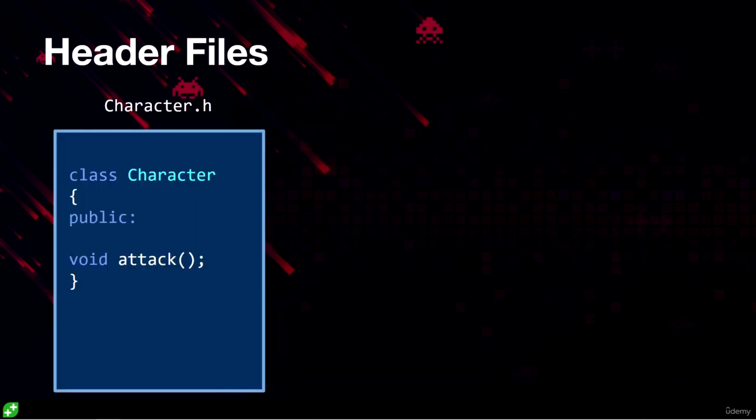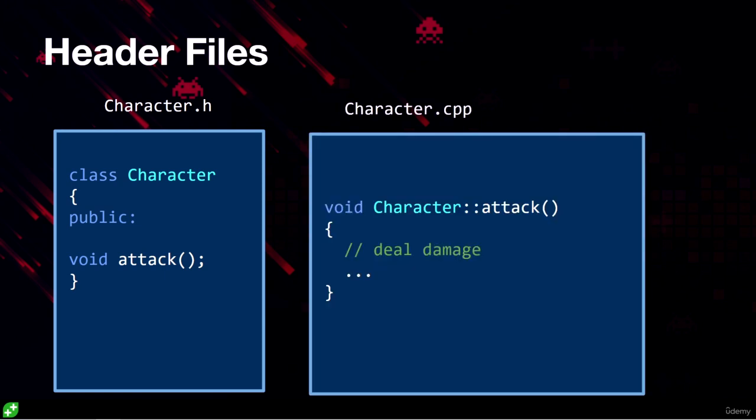A header file for a class is created. In the header file, the class and its functions and variables are declared. Then we create a source file for this class with the same name, only it has the CPP extension. In the source file, we define all the functions that belong to the class declared in the header. Now, for the class name to be defined, we must include the header file in the CPP file.